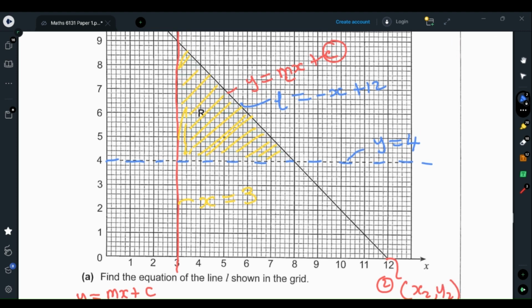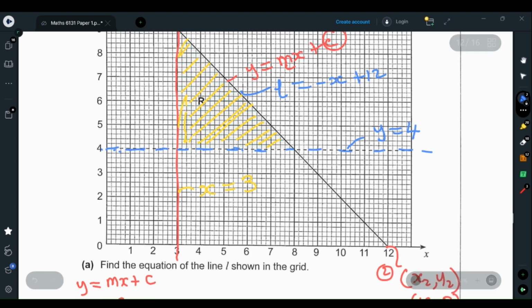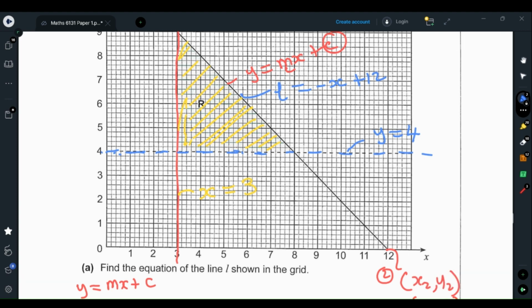So the shaded region is above the line y equals 4. Therefore, the inequality would be y greater than 4.